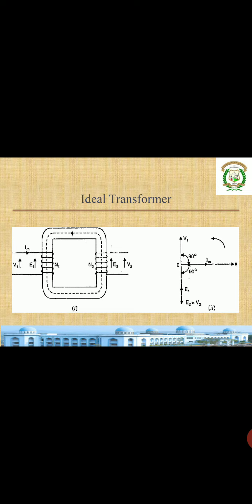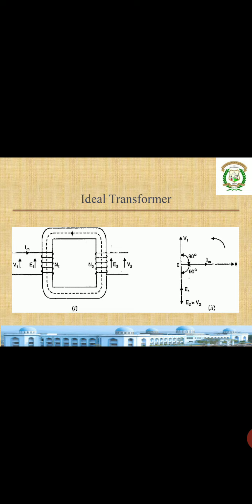So when Im flows, because of Im, flux phi is generated in the transformer. See, that flux generated is because of the current Im. As your current Im varies sinusoidally, flux also varies sinusoidally, but the direction of the flux is the same as the direction of the current Im.